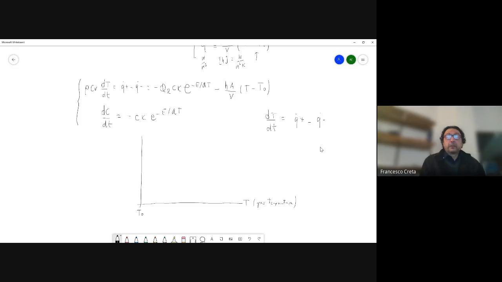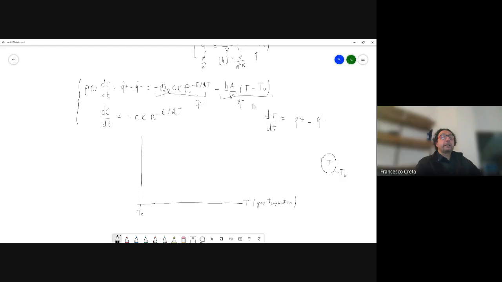T0 is, again, the wall temperature, and T is whatever temperature it is inside the vessel, okay? Well, again, we have two terms here, Q dot plus and Q dot minus, right? So these are what I want to draw on this graph. Now let's draw the easy thing.